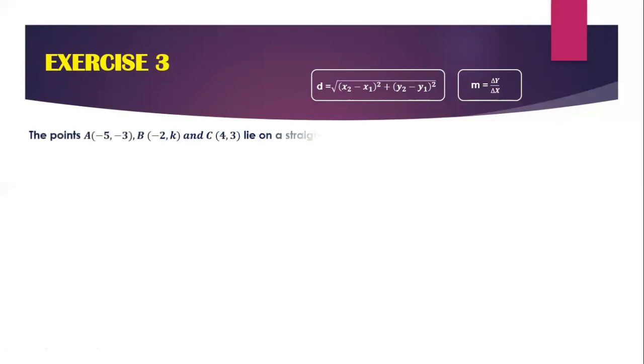Okay. We continue to question 3. Here. The points A (-5, -3), B (-2, K), and C (4, 3) lie on a straight line. Find the value of K. Okay, this question is very easy.